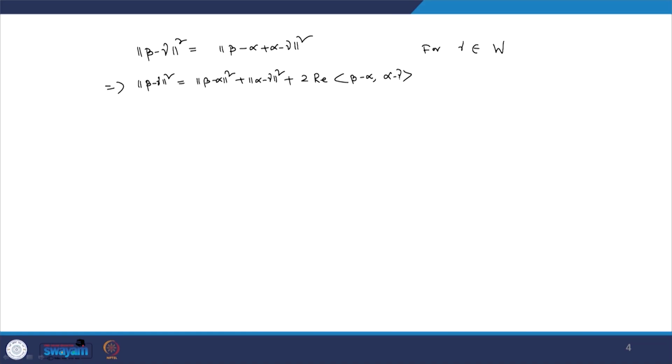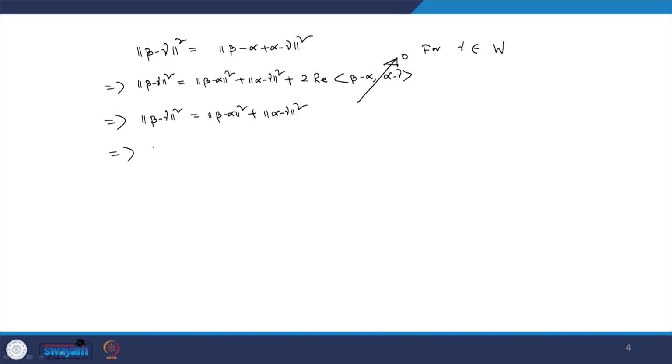Now, since beta minus alpha is orthogonal to alpha minus gamma, the inner product of this quantity has to be equal to 0. So, this implies norm of beta minus gamma whole square equals norm of beta minus alpha whole square plus norm of alpha minus gamma whole square. On the right hand side both terms are positive quantities, please.